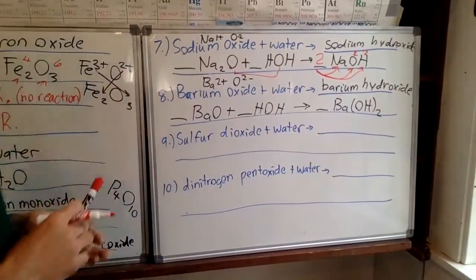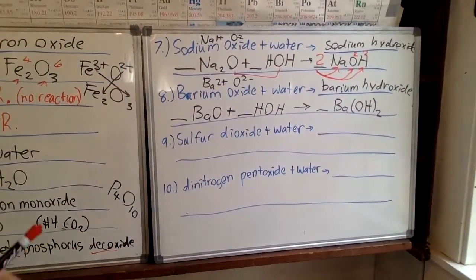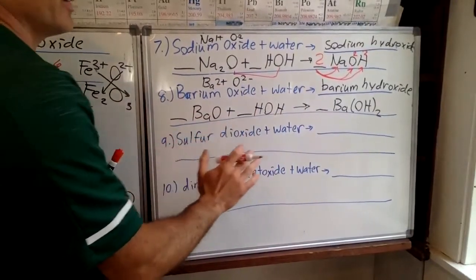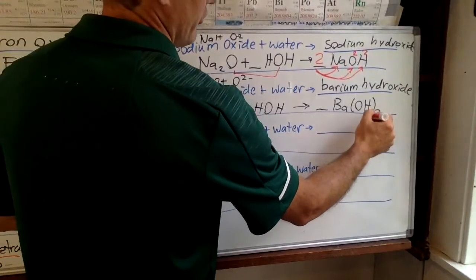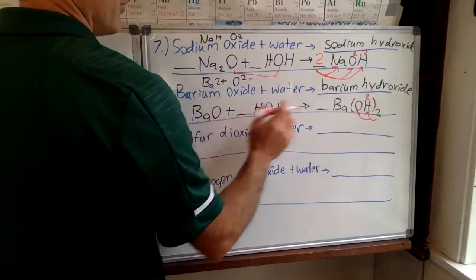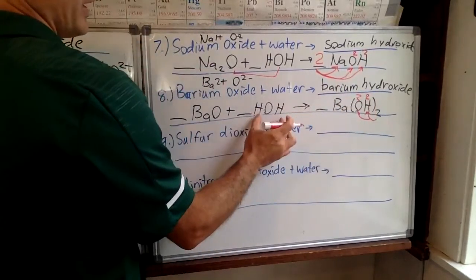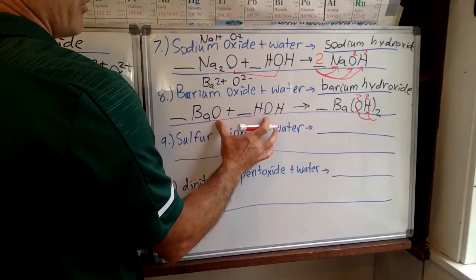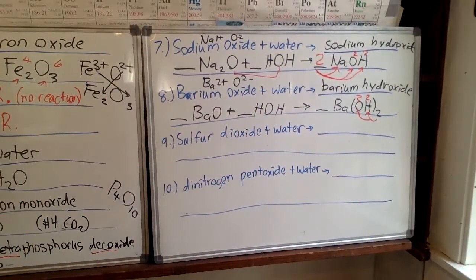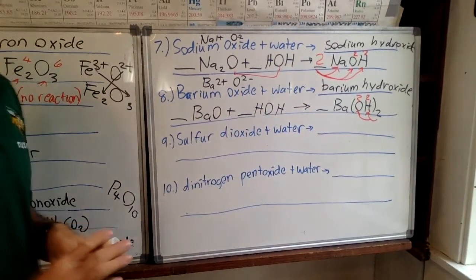So that equation is balanced like that. And this one actually balances itself automatically because this 2 distributes. So we have 2 hydrogens and 2 oxygens on this side as well. So that one balances itself out automatically.